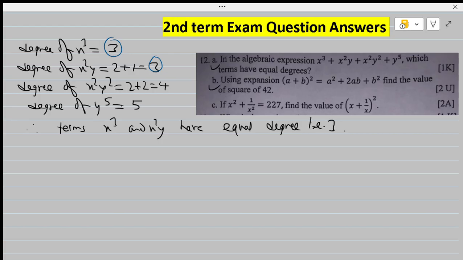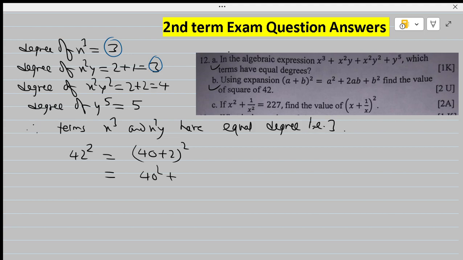Now part B. So using the expansion of (a plus b) whole squared equals a squared plus 2ab plus b squared, find the value of the square of 42. So we are asked to find the value of the square of 42. Okay, 42 squared. So let's break it as (40 plus 2) whole squared. So it's in the form of (a plus b) whole squared, so expand it.